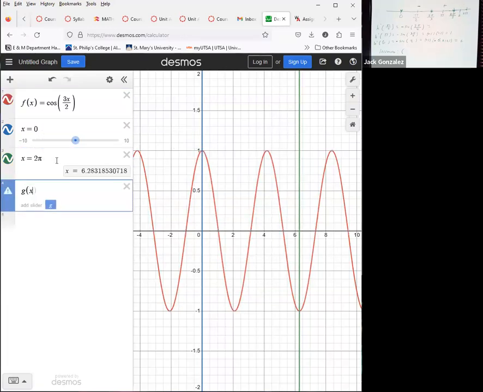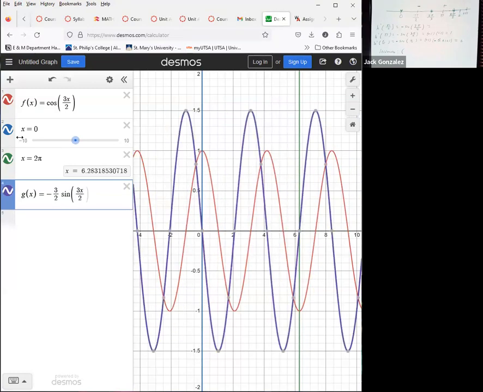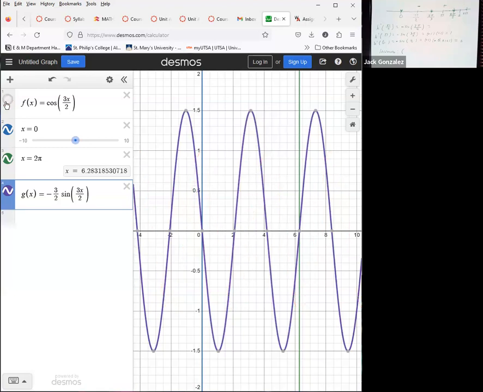So the derivative of g, we got negative 3 over 2 sine of 3x over 2. G of 5 is negative. G of 6 is negative.